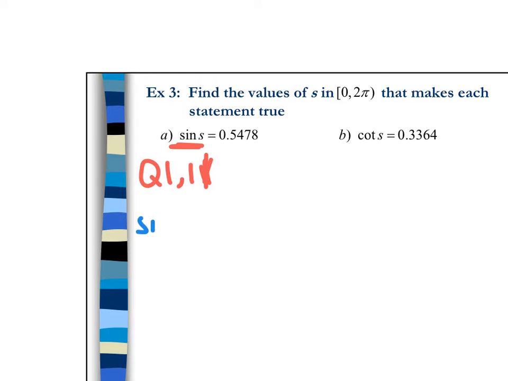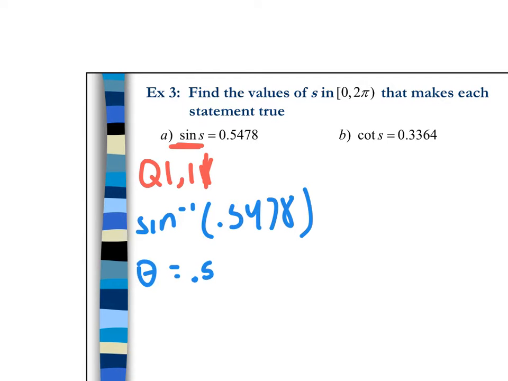So we will do sine inverse of 0.5478, and that gives us our starting angle. And after doing that, we are going to get the value 0.5797. And remember, you need to have your calculator in radians, otherwise you will not get the correct answer.